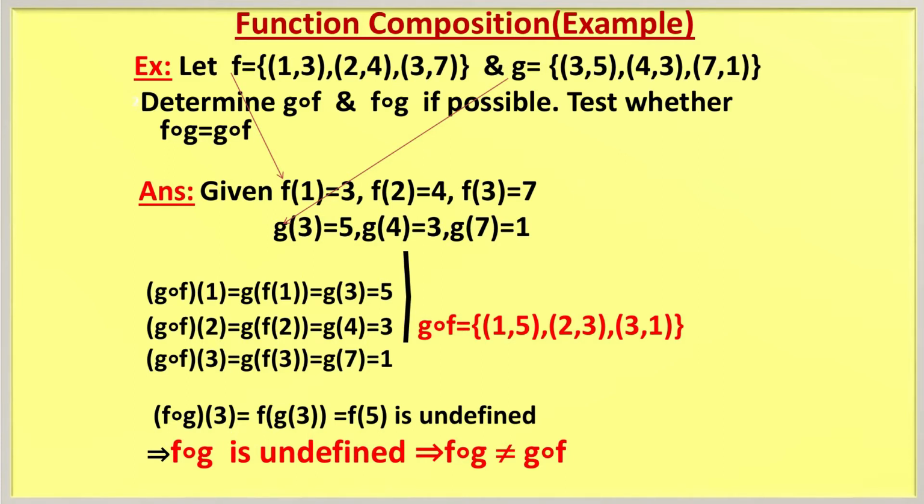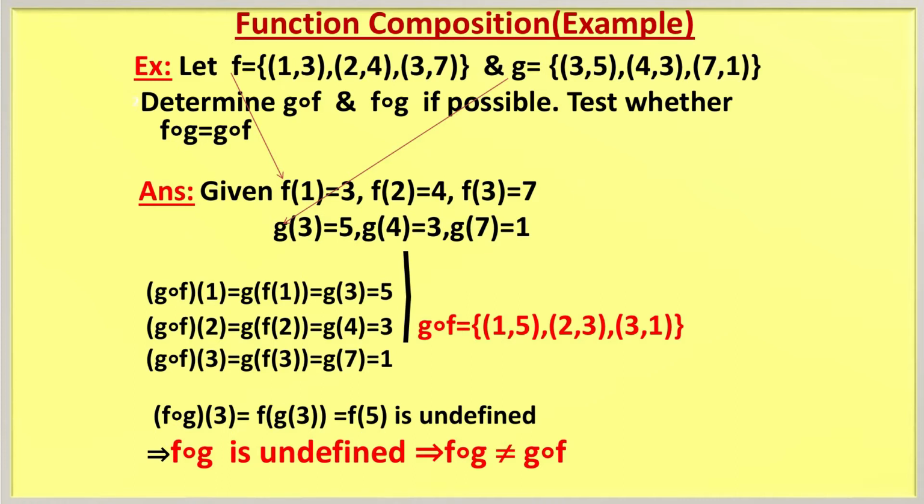What is F(1)? F(1) is 3, so G(3) is 5. Similarly, (g∘f)(2) is equal to g of F(2). What is F(2)? F(2) is 4, so G(4) will be 3. Similarly, (g∘f)(3) will be 1. So g composition f will consist of the ordered pairs (1, 5), (2, 3) and (3, 1). But here f composition g, so what is the domain of f composition g?